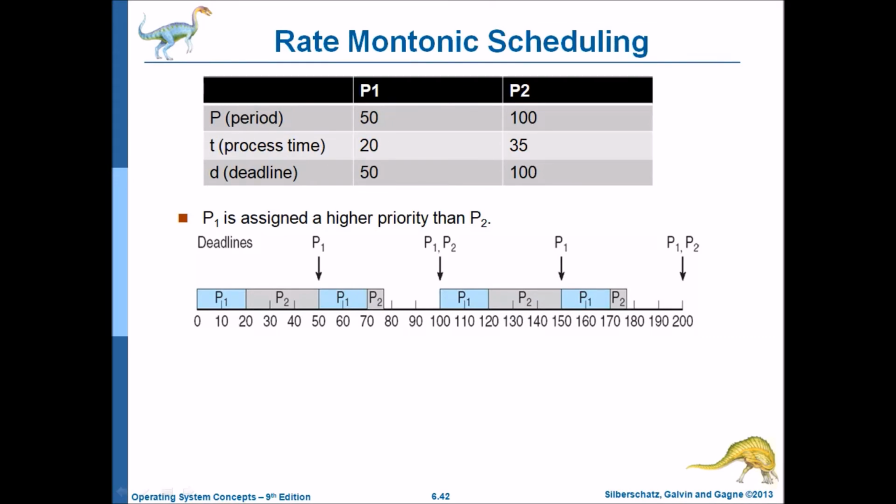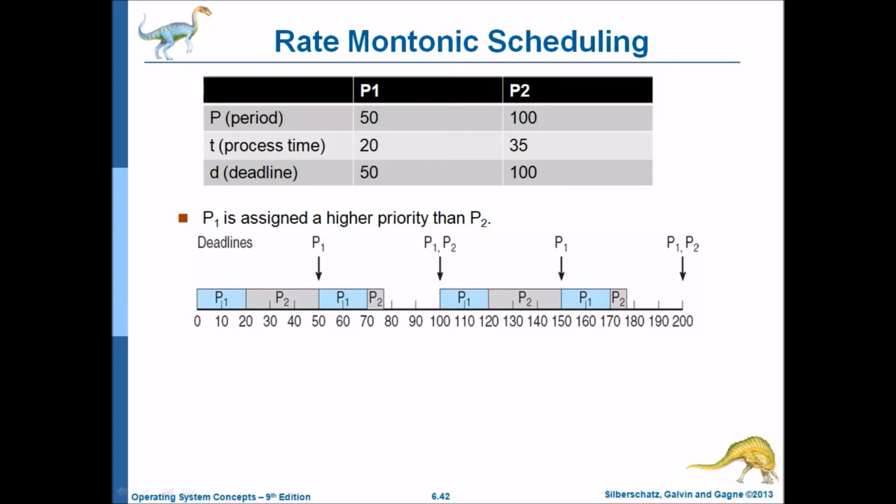Rate monotonic scheduling is considered optimal amongst algorithms that use static priority, because any set of processes that cannot be scheduled with this algorithm cannot be scheduled with any other static priority scheduling algorithm either.